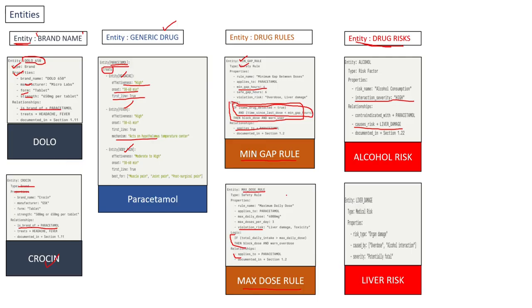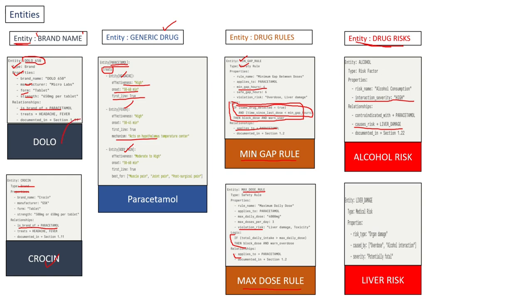So earlier GraphRAG was just taking which subsection of a page to which page and how it is related, and it was considering your question as words, trying to get the information, and then trying to provide the answer. Now what it will do, for example, Dolo is an entity, right? It is a brand of paracetamol, no?